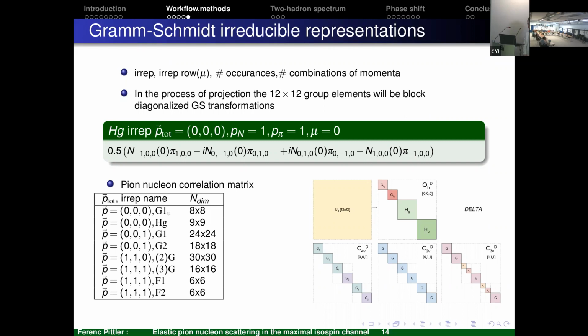So basically, we change from the continuum spin and isospin degrees of freedom to the finite volume irreducible representation, row occurrences, and the combination of momenta degrees of freedom.